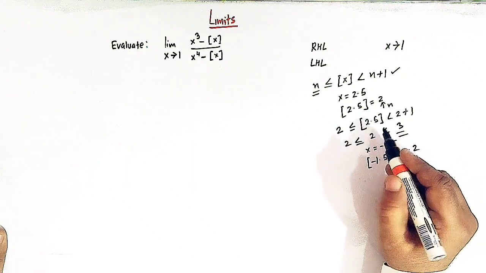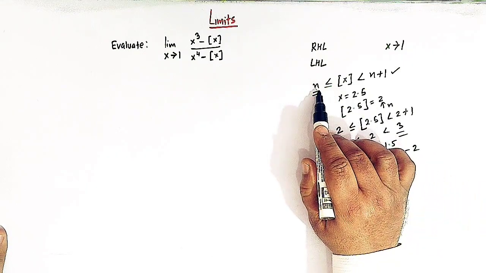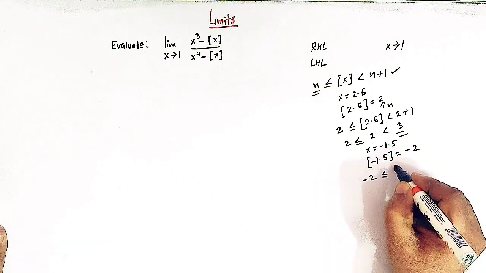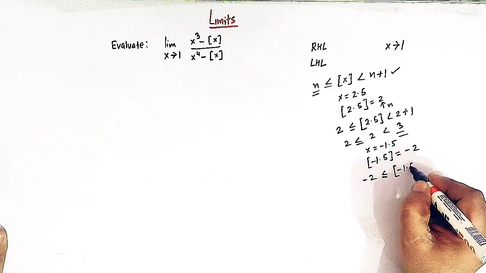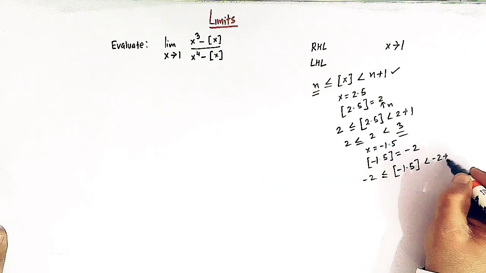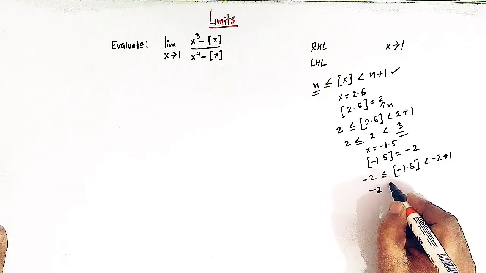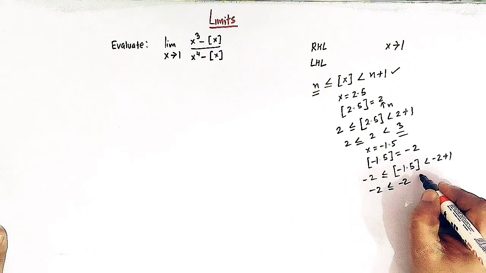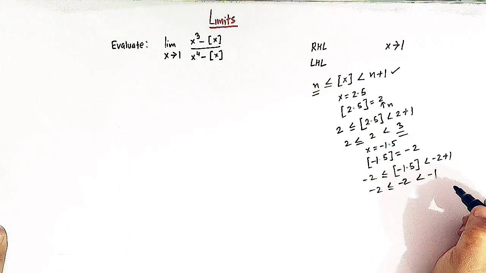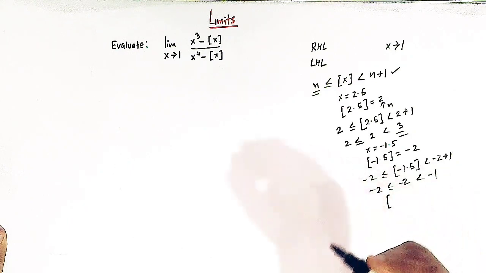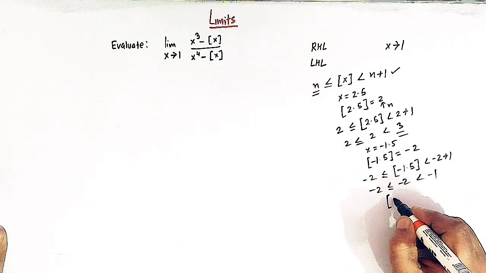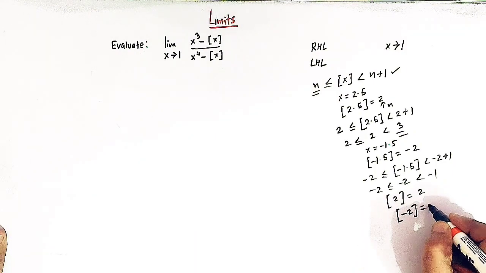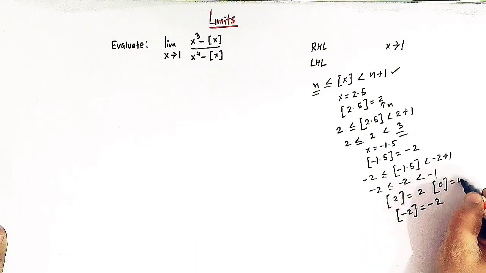Writing this in terms of the inequality, we have minus 2 less than or equal to greatest integer of minus 1.5, which is minus 2, and less than minus 2 plus 1, that is minus 1. And we know that the greatest integer of any integer is the integer itself: greatest integer of 2 is 2, of minus 2 is minus 2, and of 0 is 0.